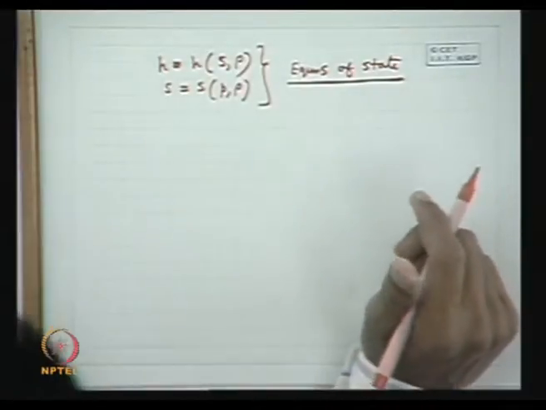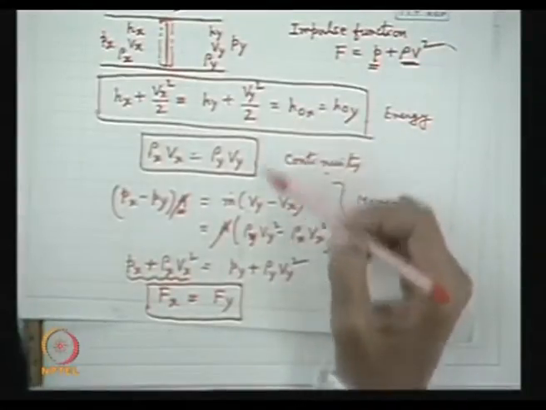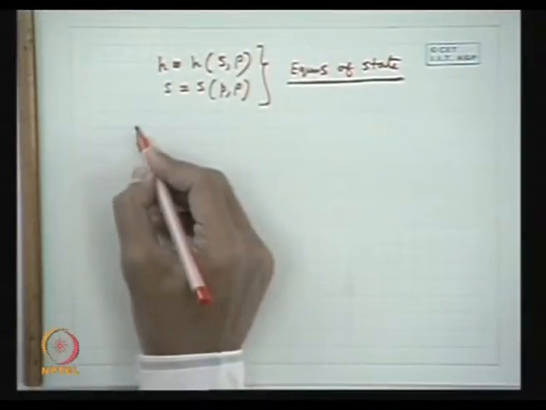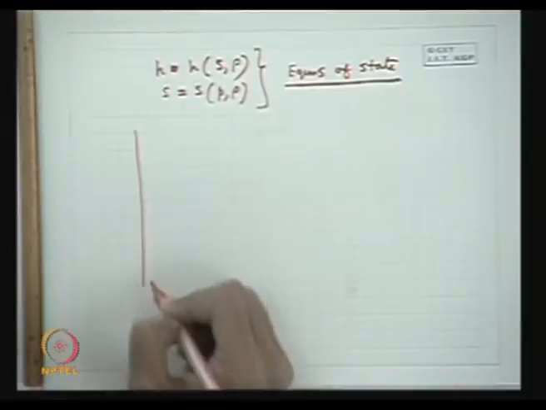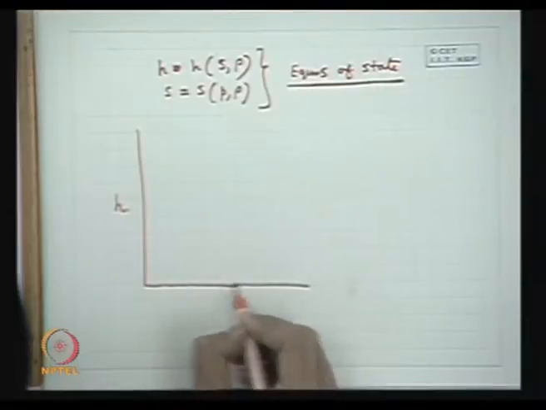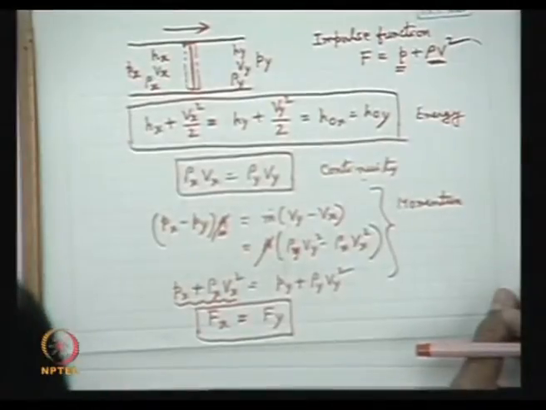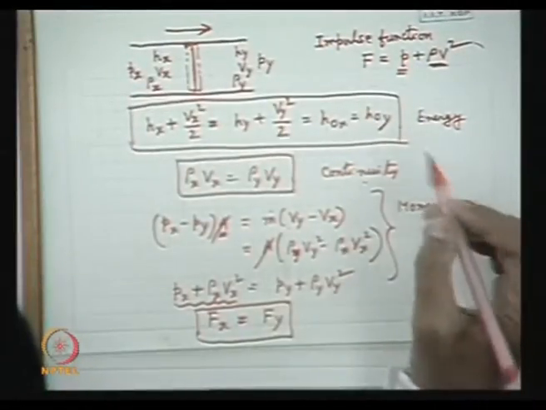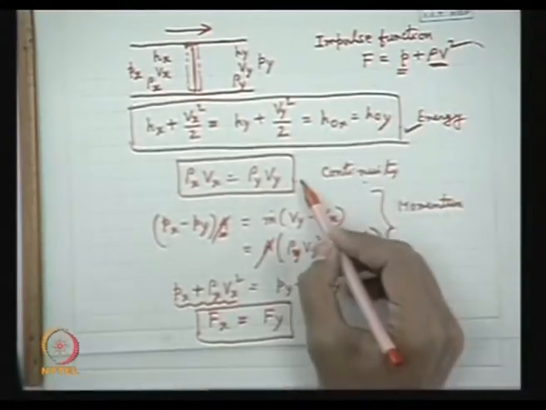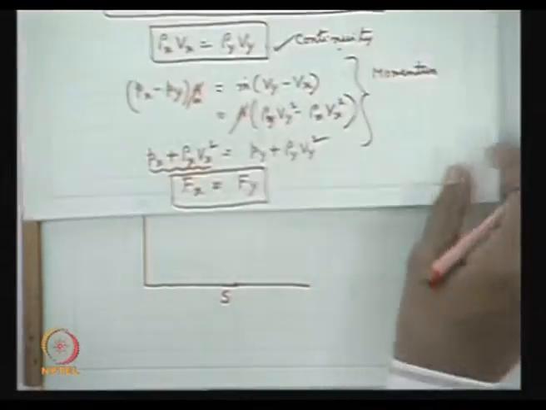Now, if I am interested, with the help of this energy equation, continuity equation, momentum equation, and the equation of state, to find out the locus of points in the HS plane which satisfy these equations, which satisfy this energy equation, continuity equation, and the equation of state, the physical implication will be made clear after some time.